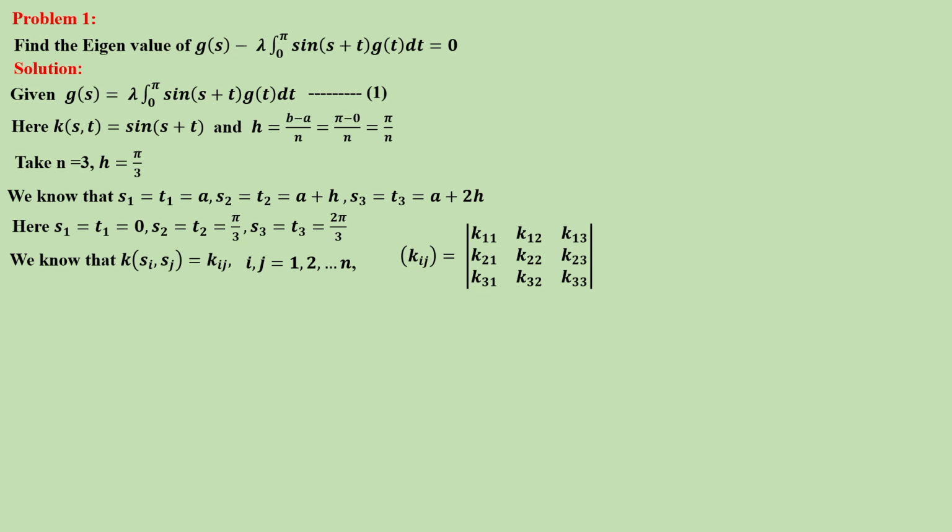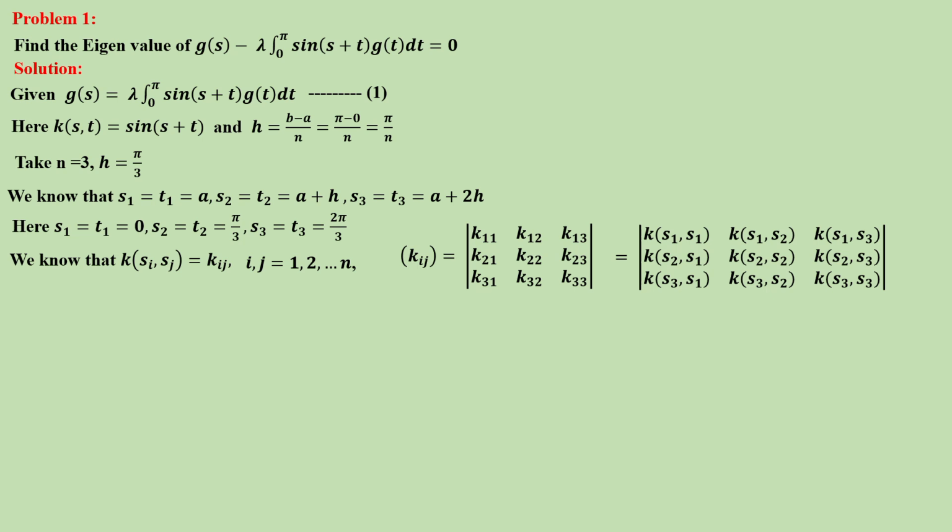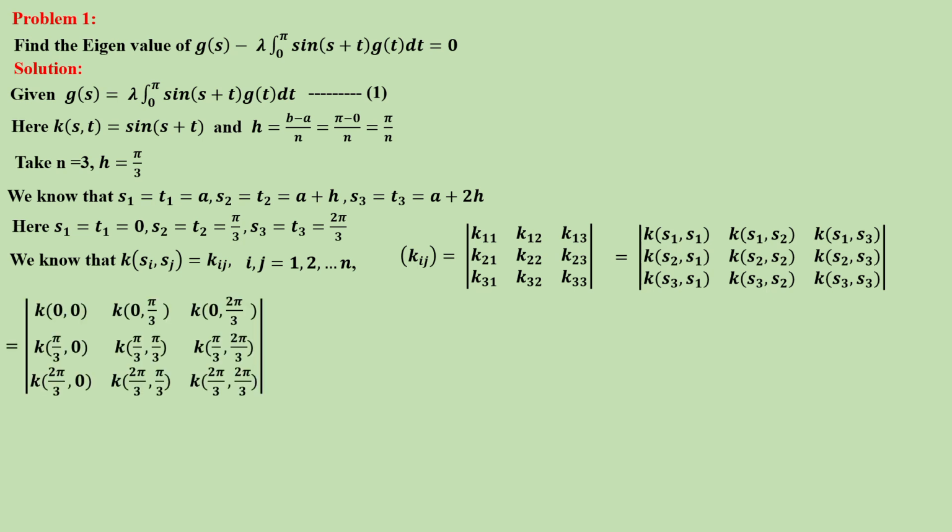kij is the determinant with entries k11, k12, k13, k21, k22, k23, k31, k32, k33. Here k11 is the notation for k(s1, s1), then k(s1, s2), k(s1, s3), k(s2, s1), k(s2, s2), k(s2, s3), k(s3, s1), k(s3, s2), k(s3, s3).